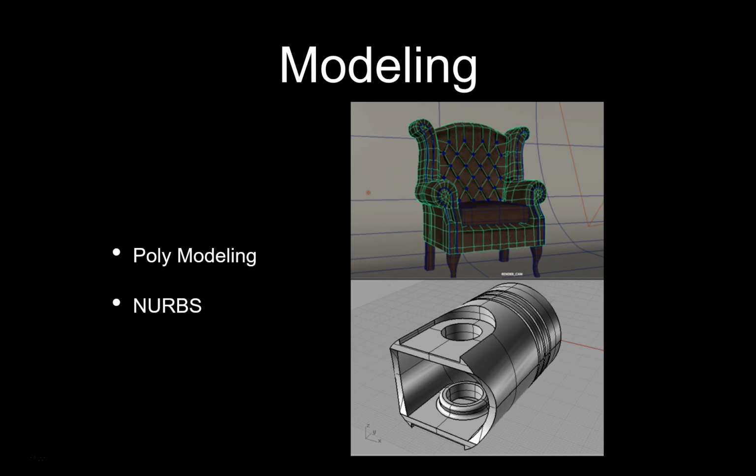At the moment, your NURBS model will typically be converted into a poly model before you can render it. You might think, well, why don't you just start with a NURBS model, do everything with NURBS, and then just convert it?